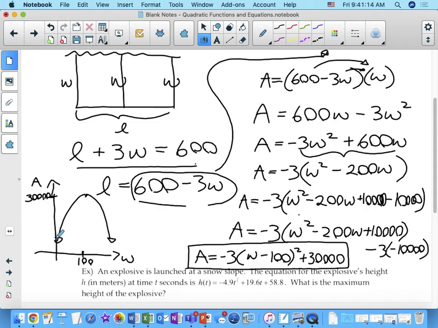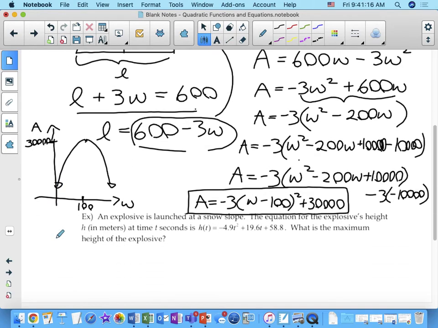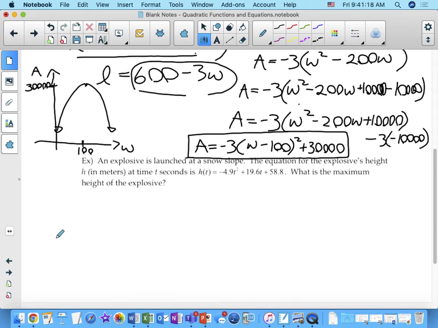So I'm running out of space here, but I'll find a spot to put it here. So max area equals 30,000 feet squared. Width equals 100 feet. And length equals 600 minus 3 times 100, which is 300 feet.